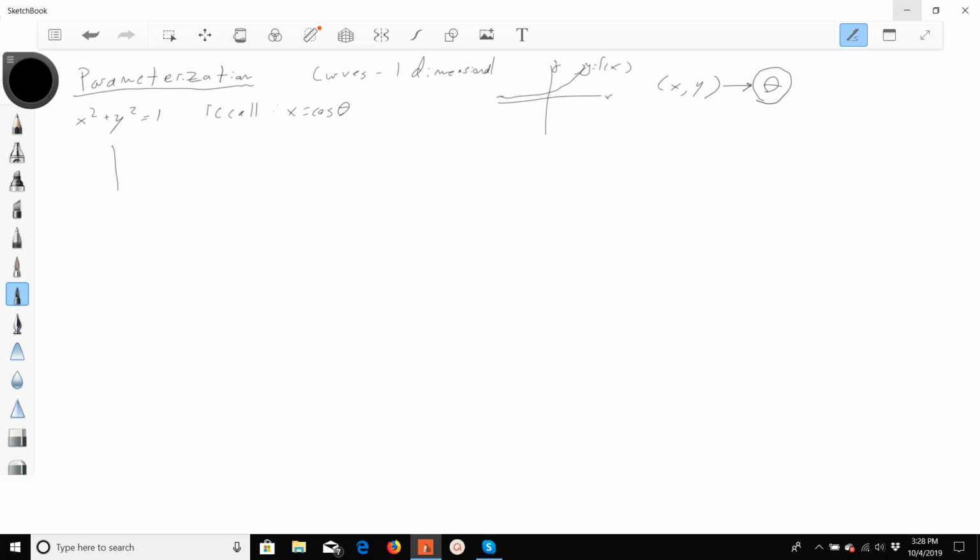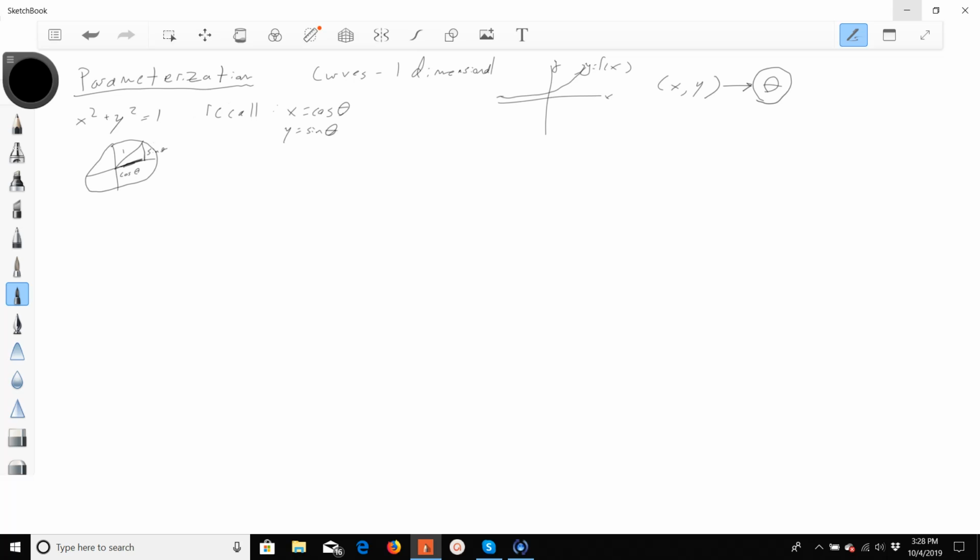Maybe I should draw it. Circle, radius 1. This x distance here is cosine theta. That y distance there is sine theta. So y is equal to sine theta.